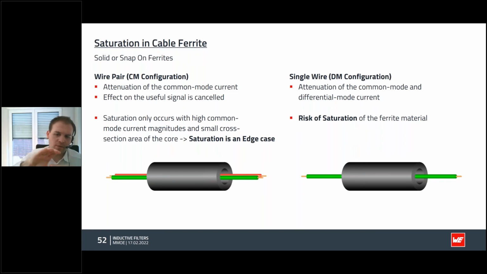There will always be some mechanical differences between the two lines, so you don't have this balanced transmission here. So it also can saturate in common mode.